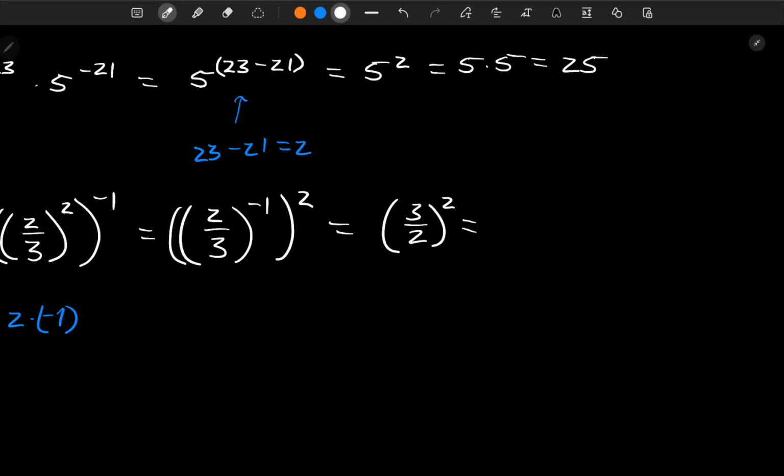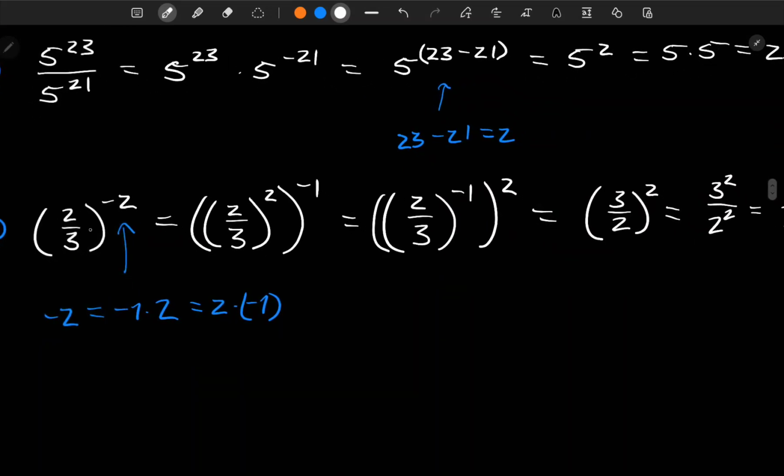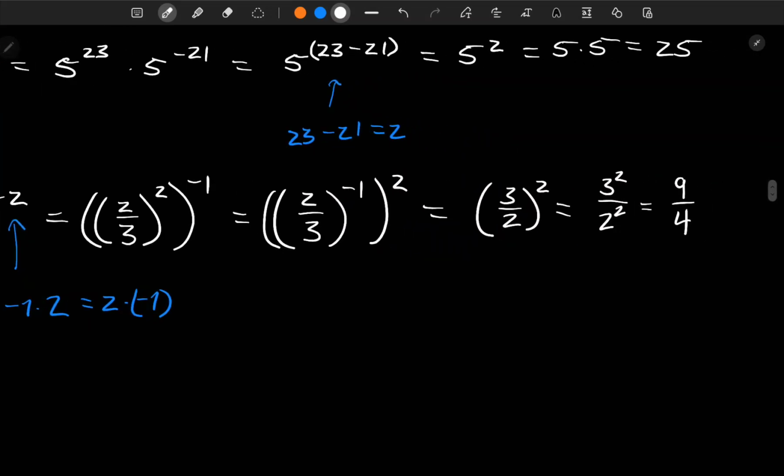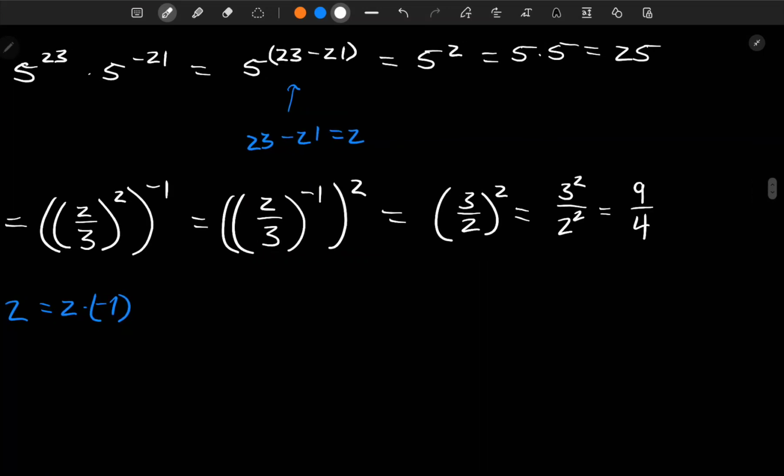For fractions, raising a number to the second power means you square the numerator and you square the denominator. So here, this fraction would be equal to 3 squared over 2 squared, which is equal to 9 over 4. So we find that 2 over 3 to the negative 2 power is equal to 9 over 4.